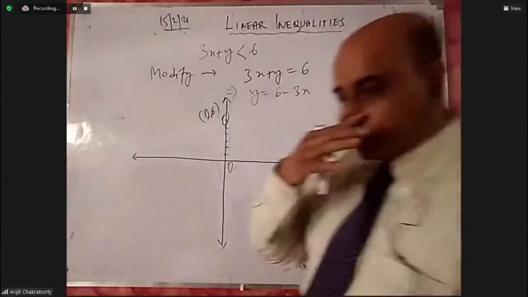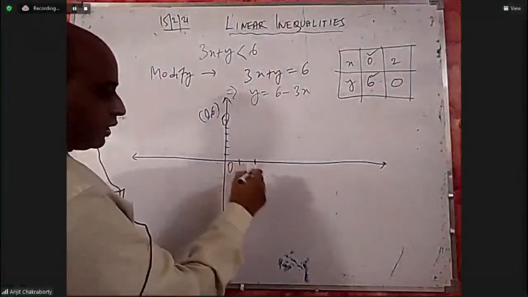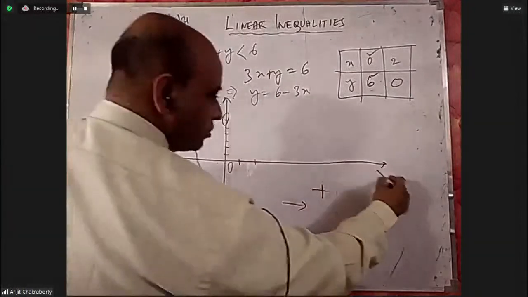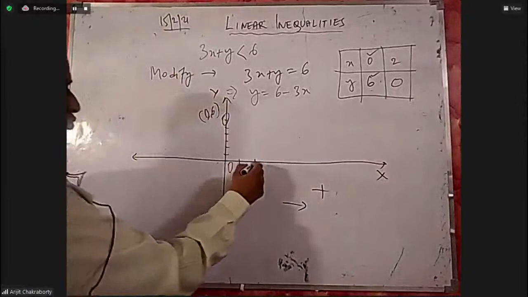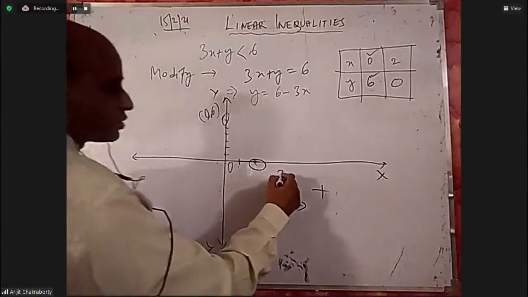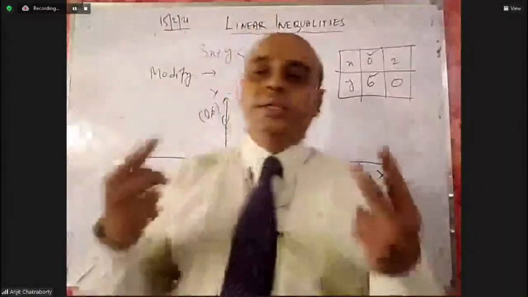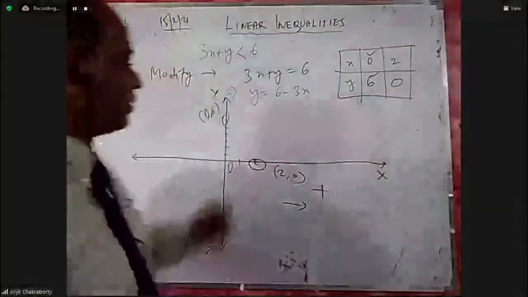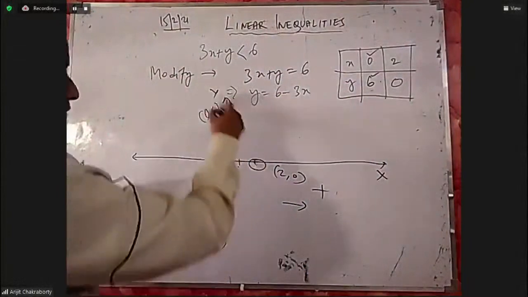The other point is 2, 0. 2, 0 means I will move 2 points in the positive direction towards the x-axis. This is the x-axis and this is the y-axis. So I move 2 points, 1 and 2. This gives me another point, 2, 0. Friends, I need 2 points to draw a line, as simple as that. Therefore, I've got my 2 points, and I will draw a line so that it cuts through these points.